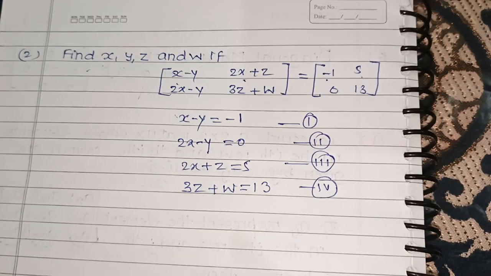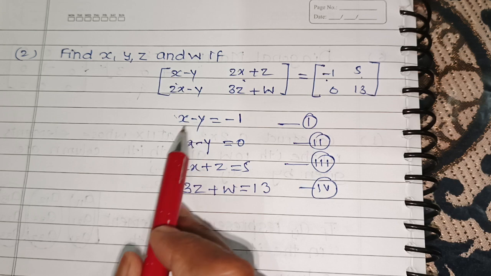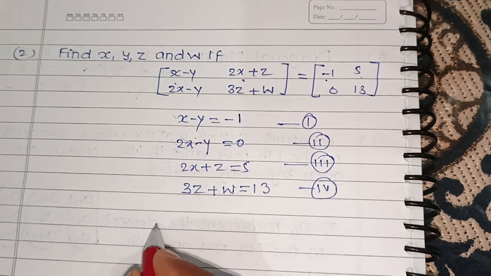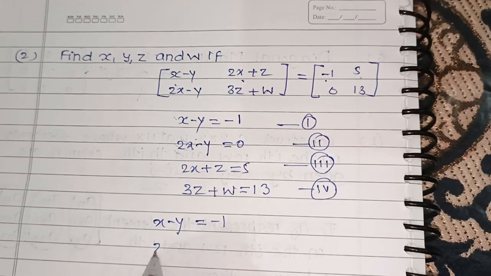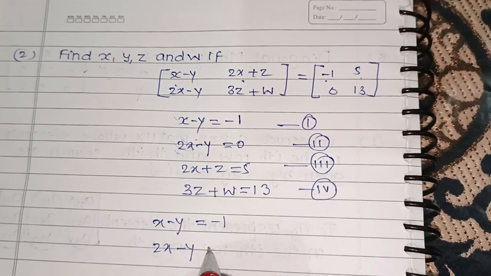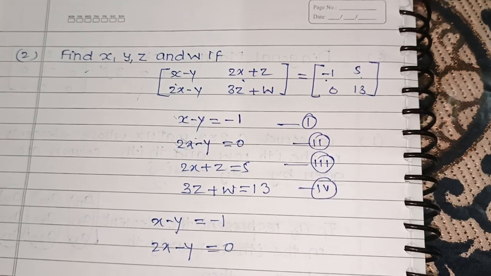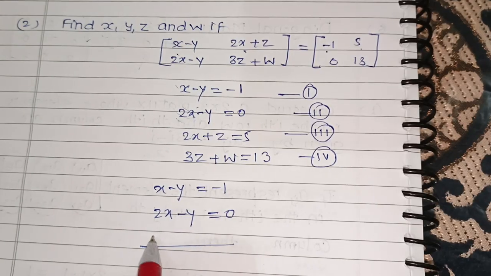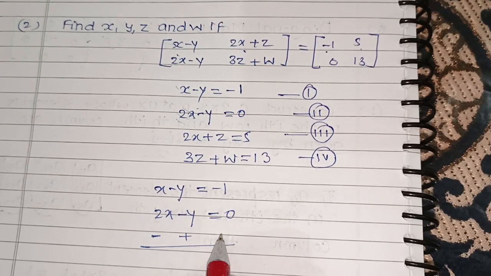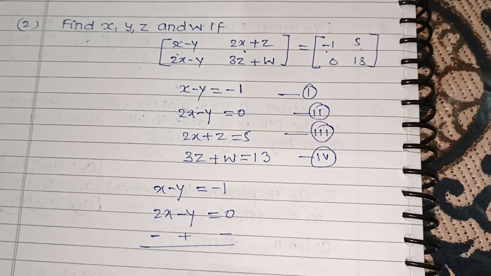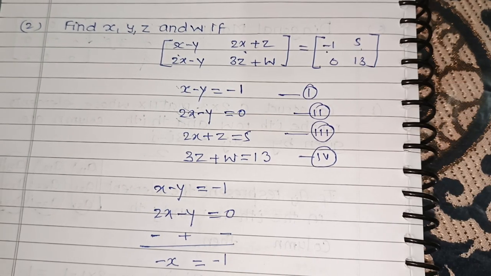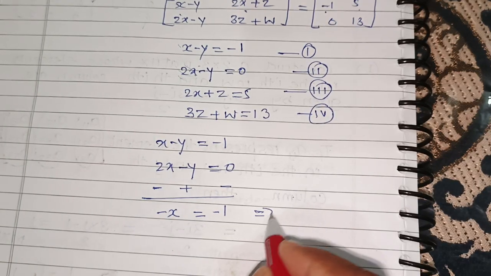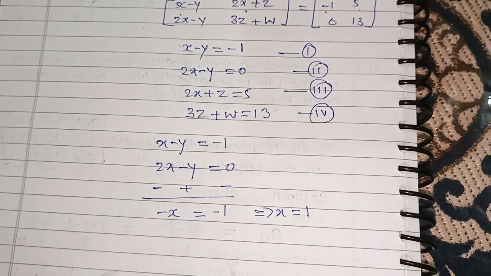So first of all we will use first and second equation. So x minus y is equal to -1, so 2x minus y equal to 0. We will subtract, minus plus minus, so this is cancel out, so minus x equal to -1, so x equal to 1.